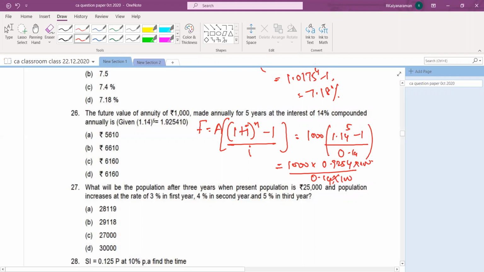So it will be 925.4 by 0.14. It is 6610.